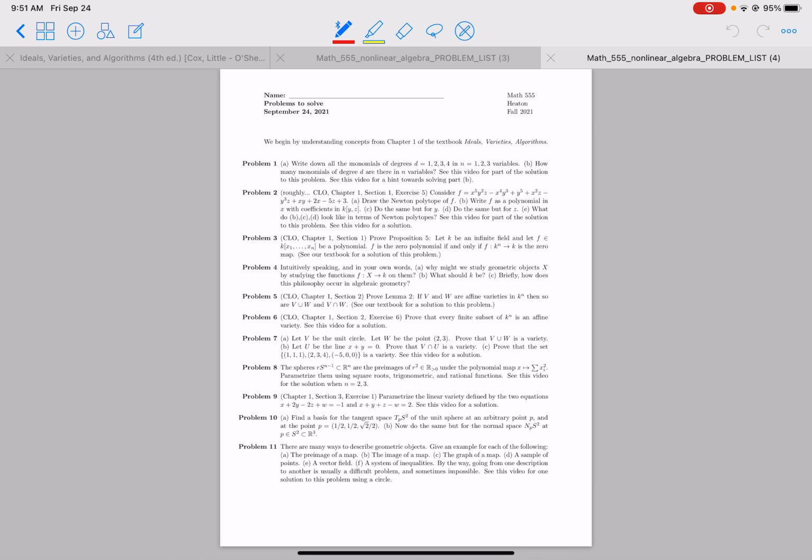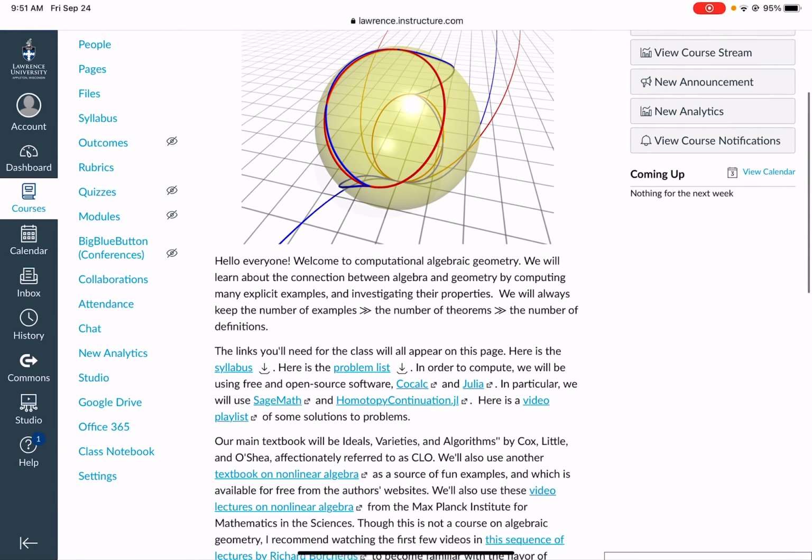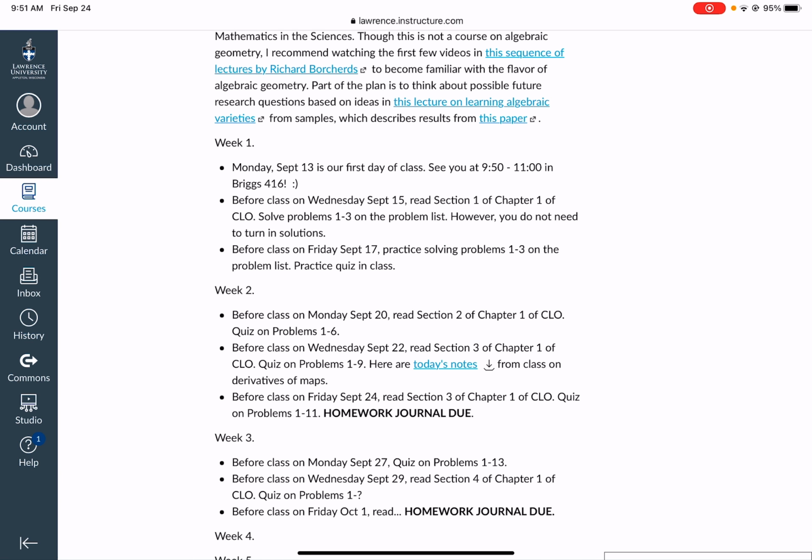Okay, so I updated the problem list. And instead of the schedule used to be that we were going to move on to section 4, but now the schedule says that we're waiting until, I guess, the 29th to read section 4.